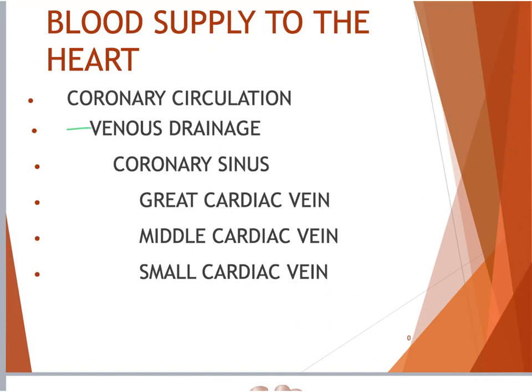The venous drainage of that coronary circulation consists of three vessels that fuse to form a larger vessel that we've talked about already called the coronary sinus. So important to understand is that veins start small and they merge and get bigger, and that's what we're seeing here. So if we look at this, we have the coronary sinus, which is formed by the union of the great, middle, and small cardiac veins that will empty that deoxygenated blood into the right atrium.